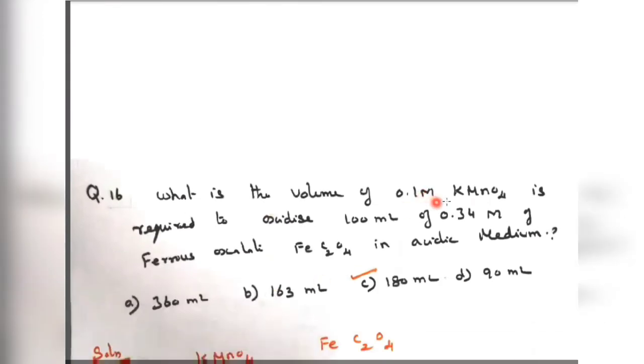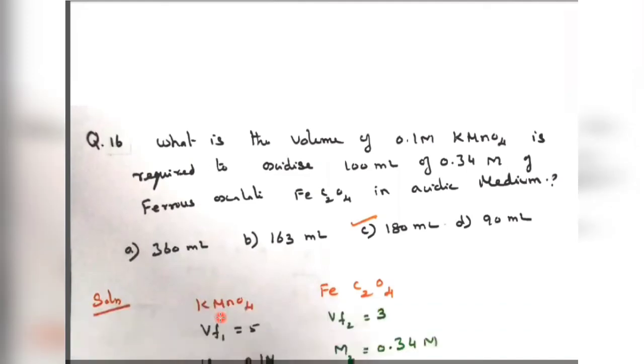What is the volume of 0.1 M KMnO4 required to oxidize 100 ml of 0.34 M ferrous oxalate, FeC2O4, in acidic medium? The options are 300 ml, 163 ml, 180 ml and 90 ml.